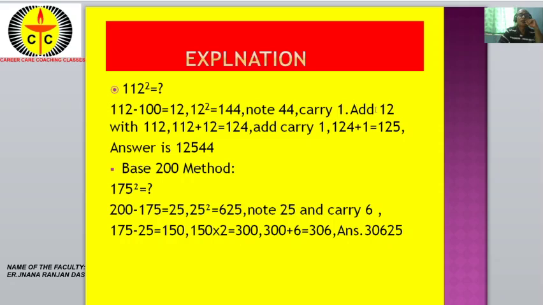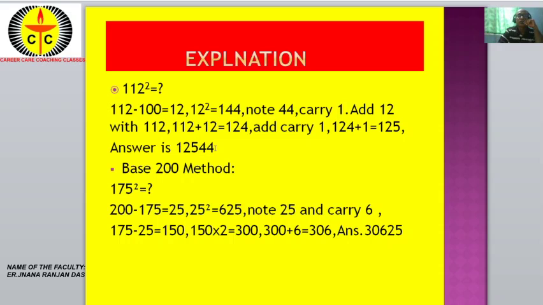Then add 12 with 112. Then this becomes 124. Then add carry 1, then it becomes 124 plus 1, that is 125. So the square of 112 is 12,544.